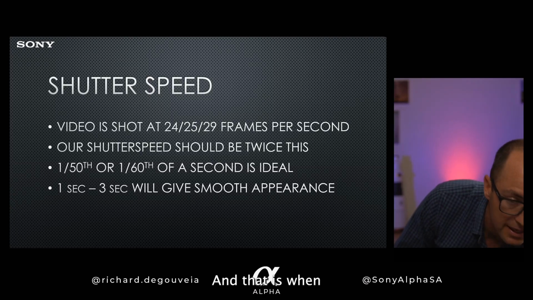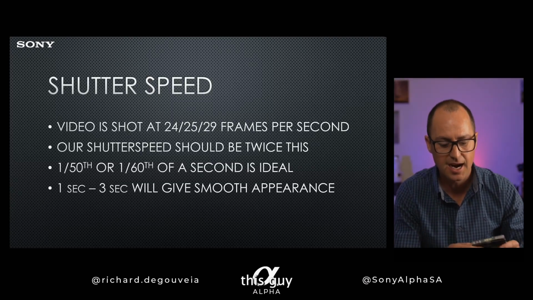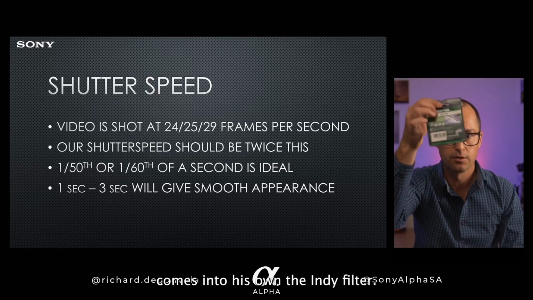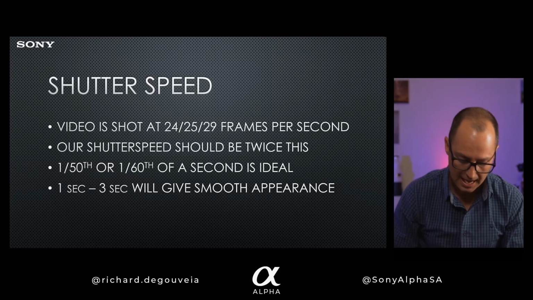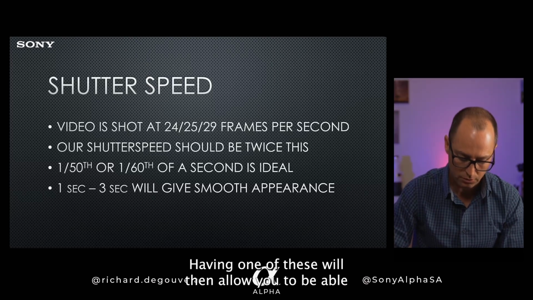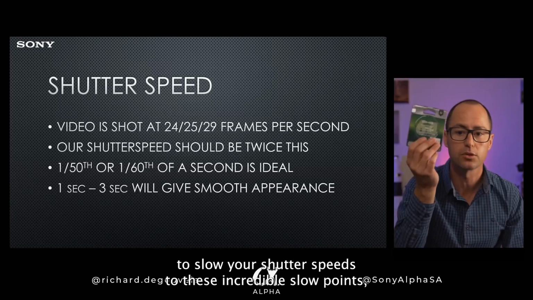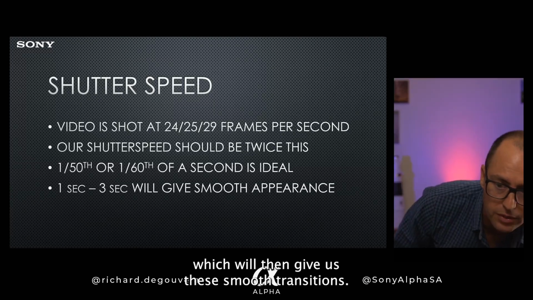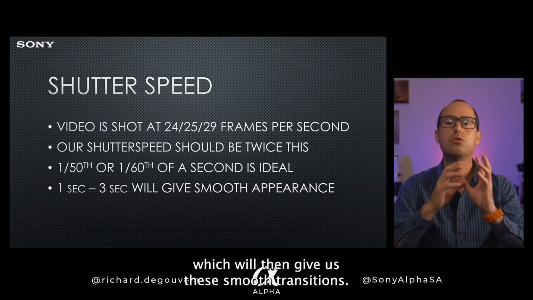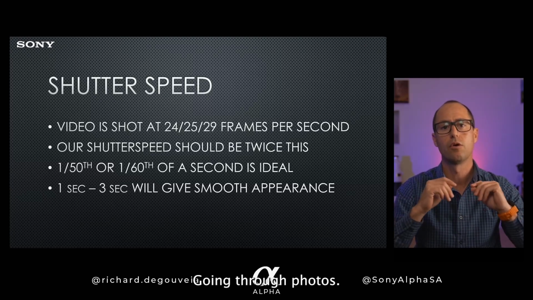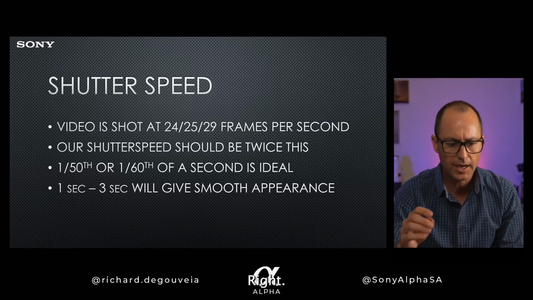And that is when this guy comes into his own, the ND filter. Having one of these will allow you to slow your shutter speeds to these incredibly slow points, which will then give us these smooth transitions going through photos.